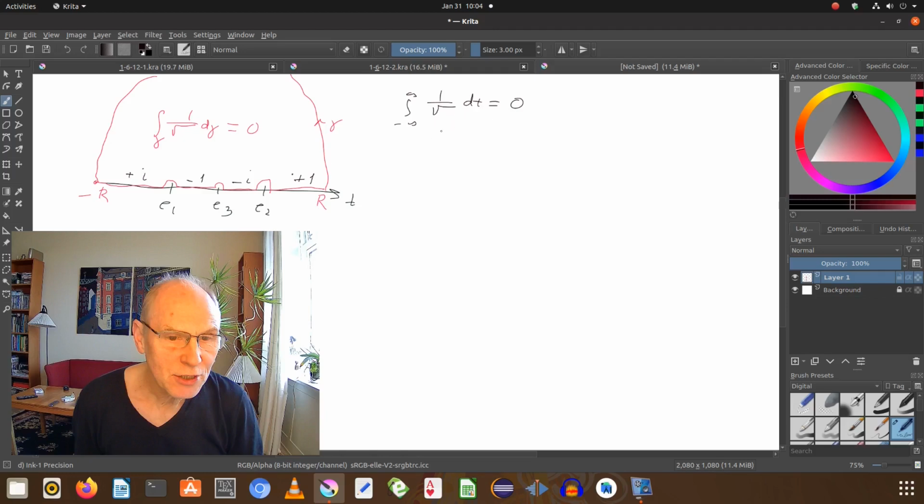So that means that this integral equals E3.